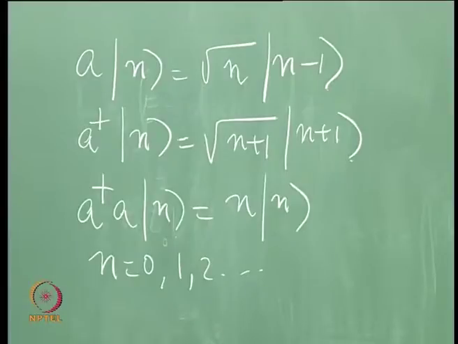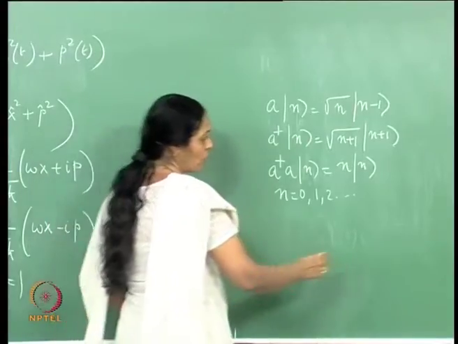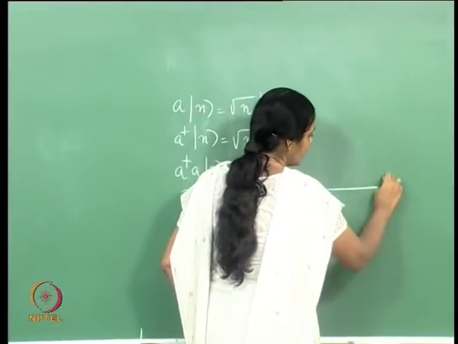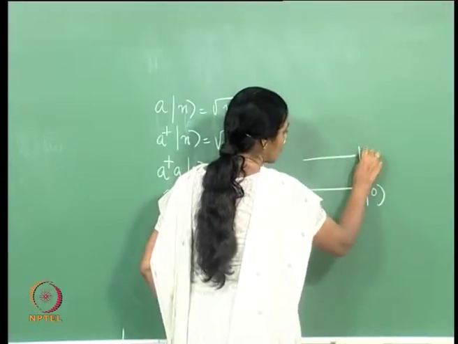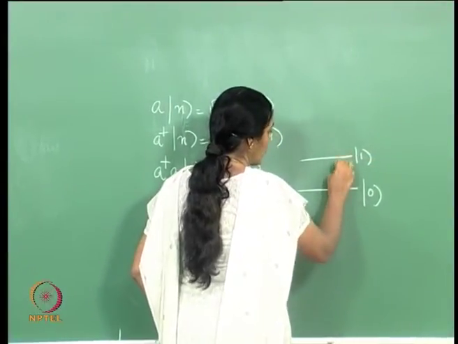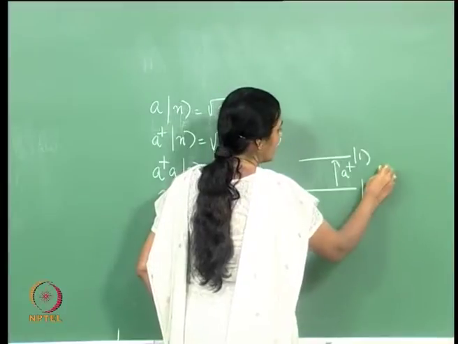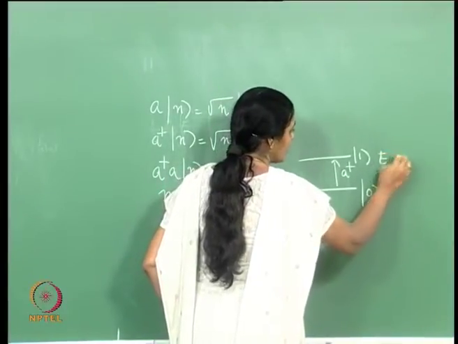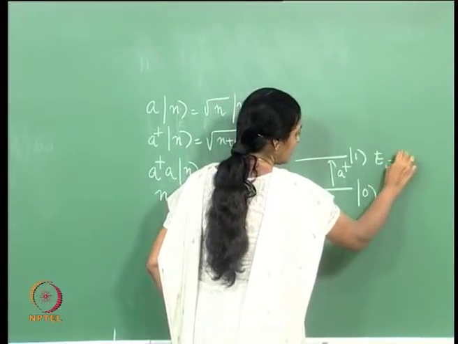The point is the following. We know from the problem of the harmonic oscillator that if I started with n equal to 0 and went to n equal to 1 through an A dagger, that increases the energy by 1 h cross omega.